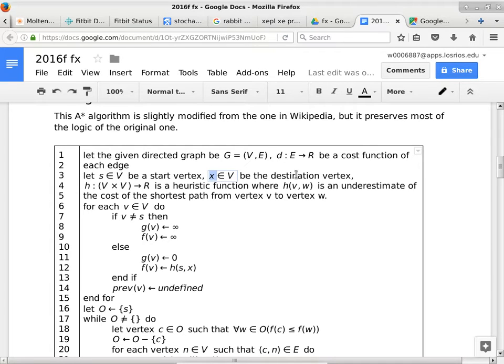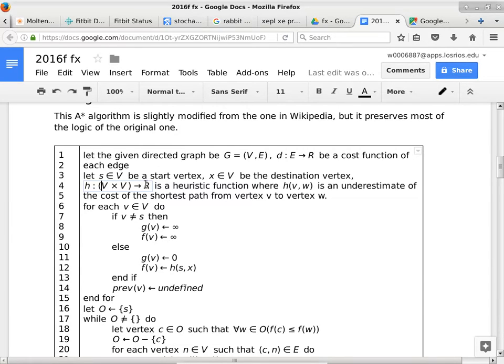Okay. So when you look at the heuristic, it's actually better to use this as E, okay? So it is mapping, nope, I take it back. This is actually correct, okay? It's mapping every vertex to every other vertex using a function, and it is giving you a real number. So give me any two vertices in V, and what H would do is to say, okay, this is where you start, this is where you end. This is the estimate of the distance between these two vertices. Is that okay?